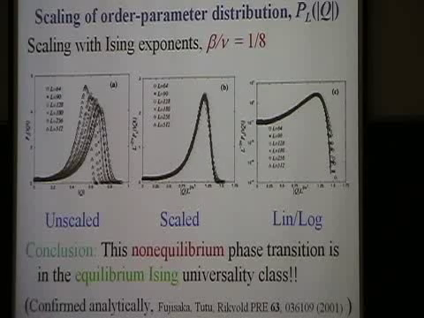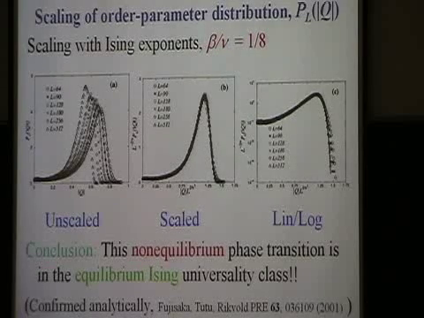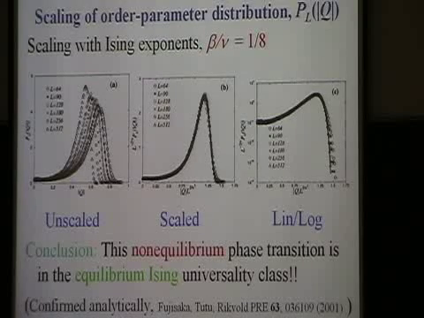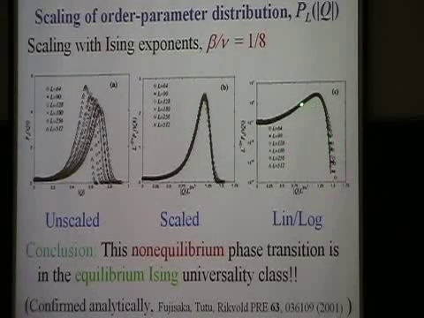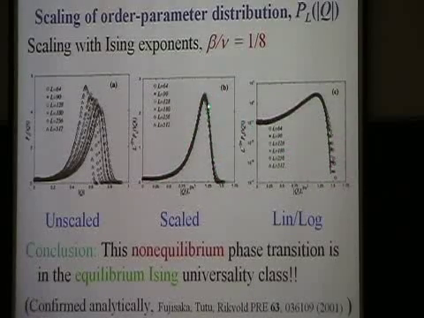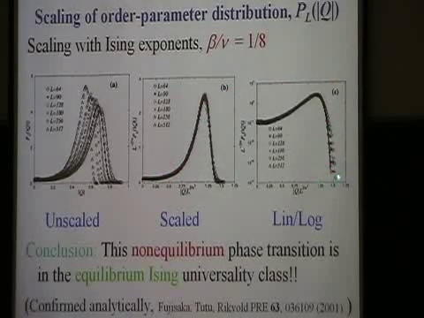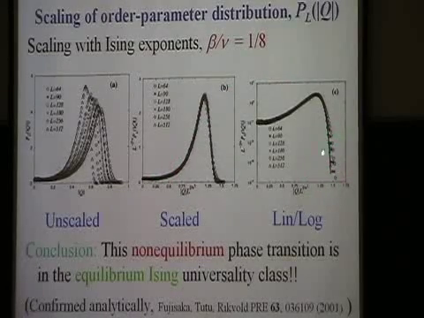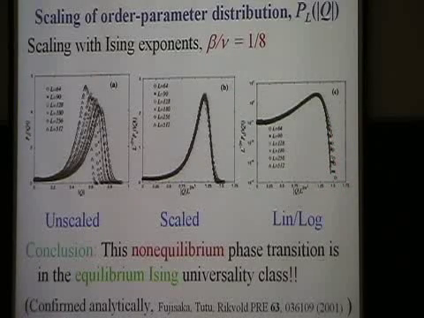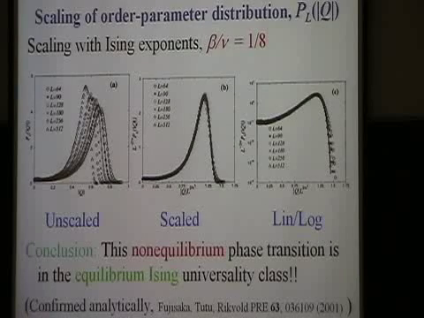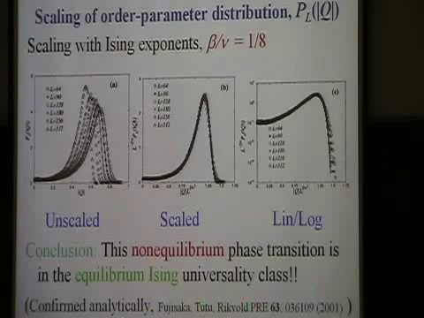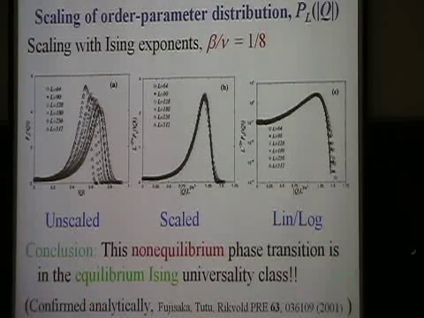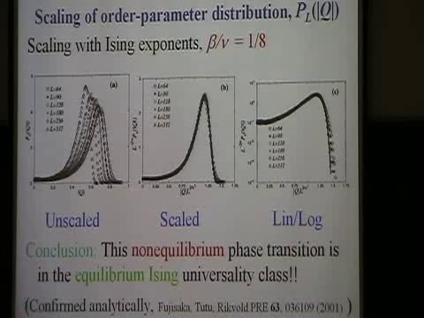That is a numerical calculation of the scaling function for the equilibrium Ising model. It is on there, and you see, it's falling right on. I can't even distinguish it except when I look in logarithmic scale at the very, very tail of the distribution. So, okay, my conclusion is that this is in the equilibrium Ising class. Here is then just a reference to the work with Fujisaka-san.